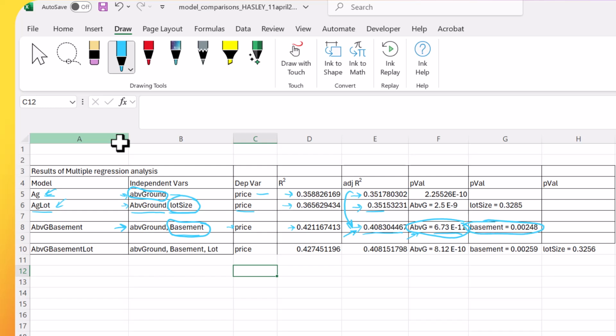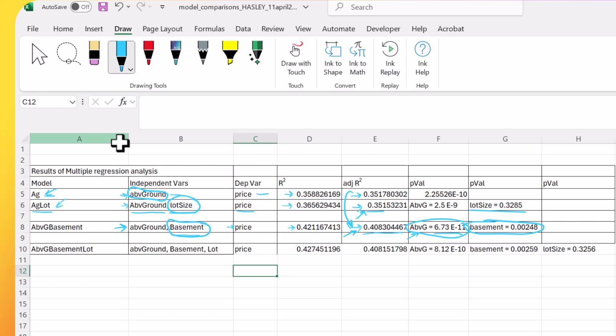And going back to my model, where when I added the lot size variable, my adjusted R squared actually went down. Well, this is saying that my lot size p-value, 0.3285, is way above the cutoff of 0.05.